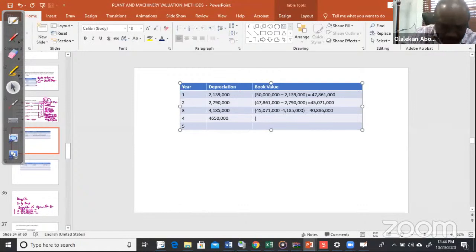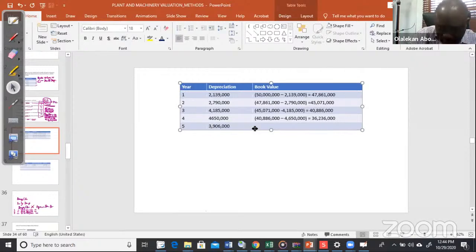Now you bring it down: 40,886,000 minus 4,650,000. That will give us 36,236,000. Then for the final year, what is it? 3,906,000.